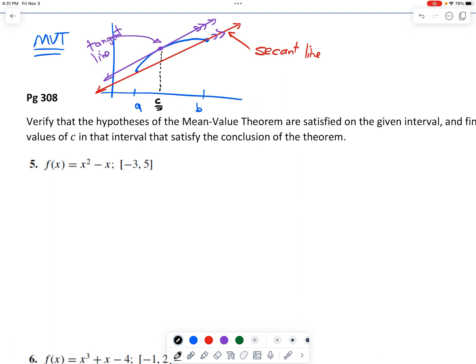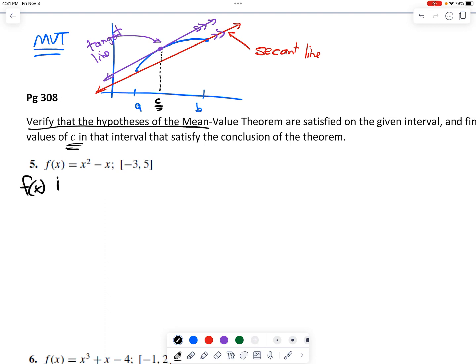This one is you verify that the hypothesis is satisfied and then find that value or values of c that satisfy it. Number 5 says, let's see, f of x is x squared minus x, and in that interval -3 to 5, find that value. Here's what I'd say. You first have to verify the conditions of the mean value theorem.